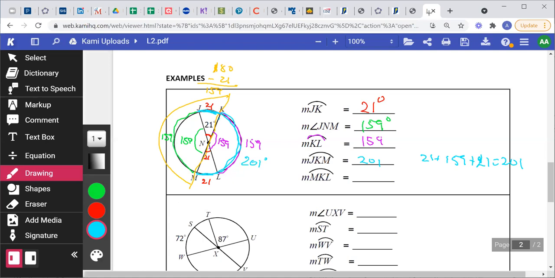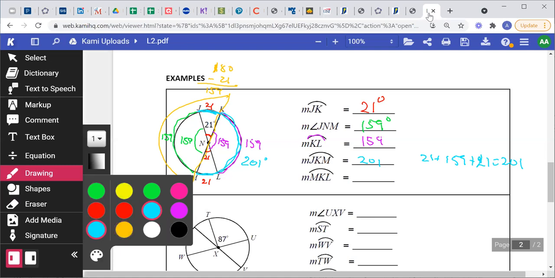Okay. And then I want to also find the measure of arc MKL. Which color can I choose?